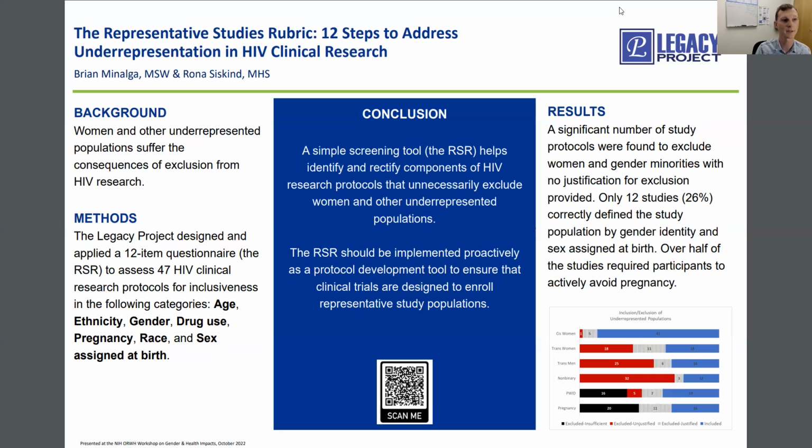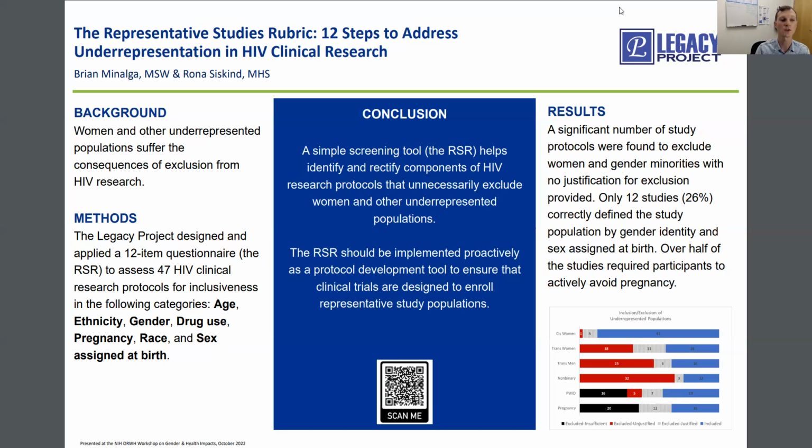So in order to address this issue of representative study populations, our team designed a 12-item questionnaire that can assess individual study protocols for their inclusiveness in terms of age, ethnicity, gender, drug use, pregnancy, race, and sex assigned at birth.